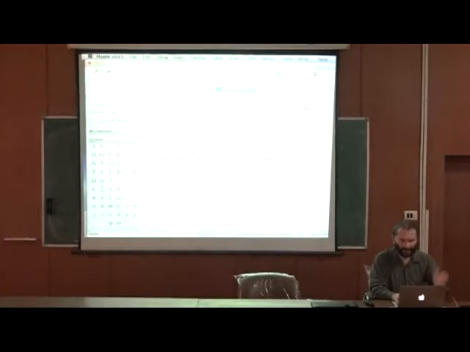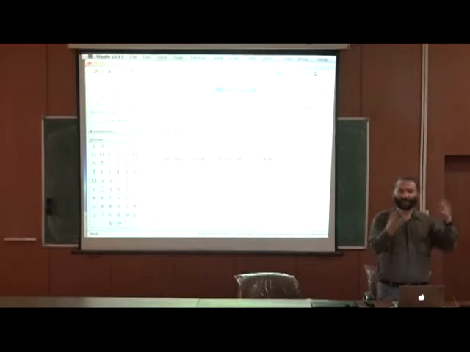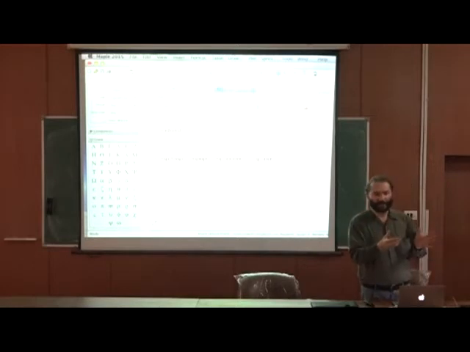But we can easily transform these equations into equations in terms of the others, because the fluctuations are connected with each other.